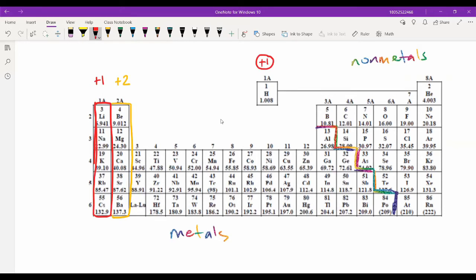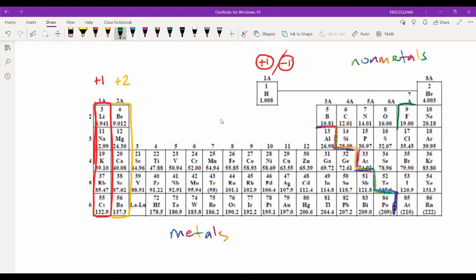It can also be -1, so I'll put a little slash here. That would be a more rare case, but that happens when it's paired with a metal, like sodium, let's say sodium hydride.